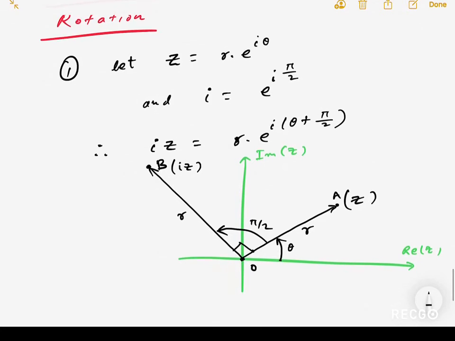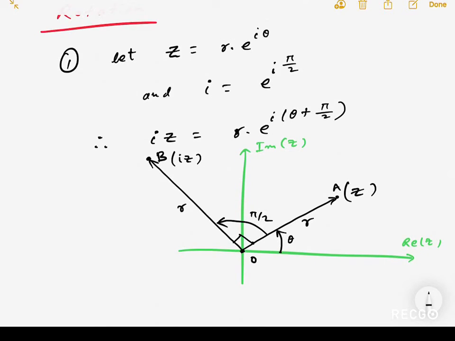And so iota z can be obtained by rotating z by an angle positive 90 degree in anti-clockwise direction about the origin. It is very important about which point, so about origin. Okay, so in that case we will obtain the position of new complex number iota z in the complex plane simply by multiplying any complex number by iota.